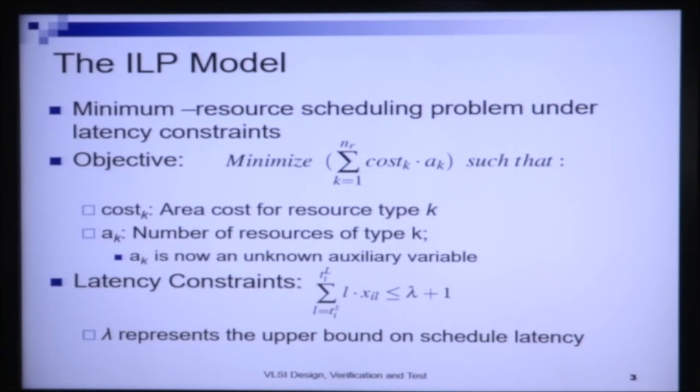The sink node is a dummy node, so all the actual operations that I have must be scheduled within lambda, and the start time of the sink node should be less than or equal to lambda plus 1. Again, there is a mistake in the expression: i should be replaced by n, the sink node. I want to specify that the start time of the sink node should be less than my time constraint plus 1.